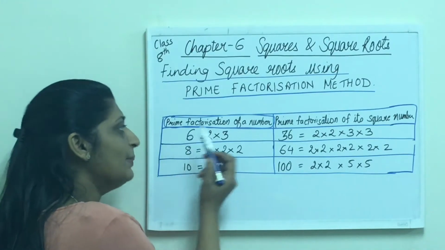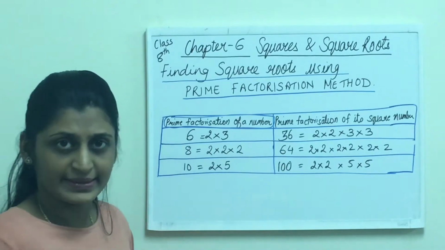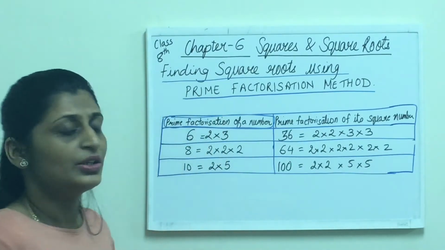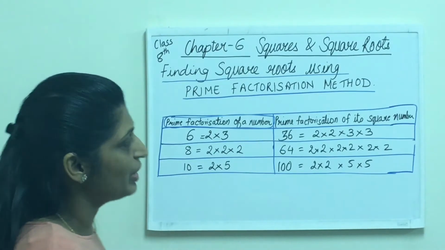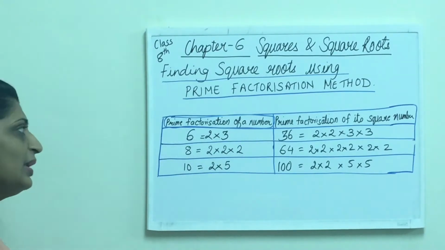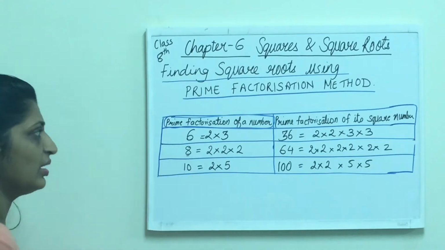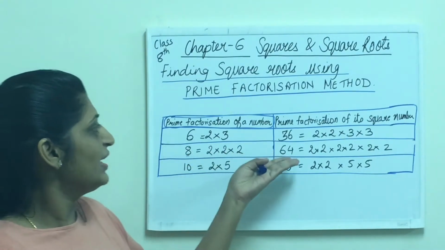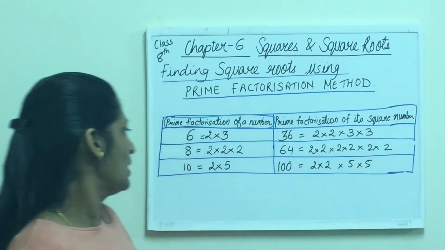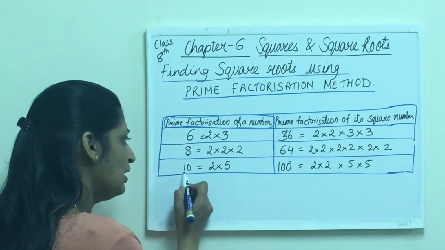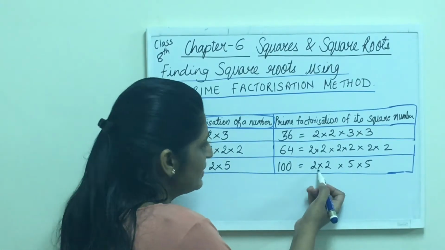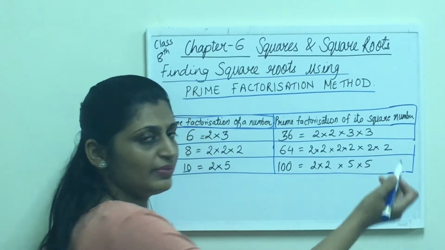The square of 6 is 36, and the prime factorization is again 2 times 2 into 3 times 3. Similarly, another number I took is 8. Its prime factorization is shown, whereas for 64 you can see it. Similarly, for 10, the prime factorization is 2 times 5, and for 100 it is 2 times 2 times 5 times 5, right?